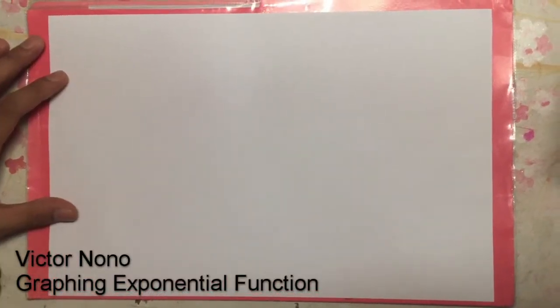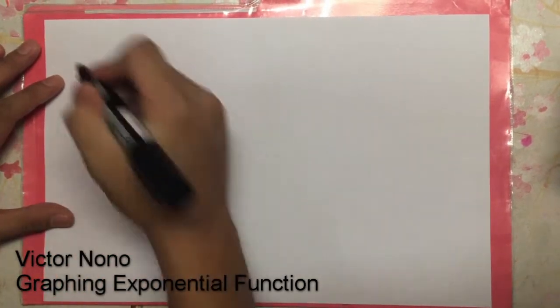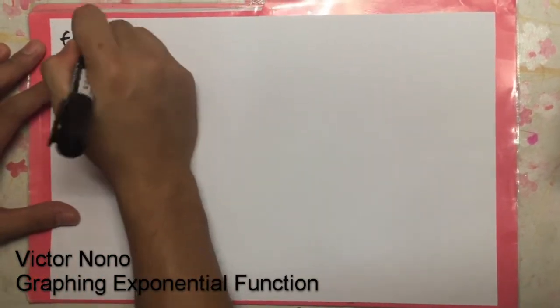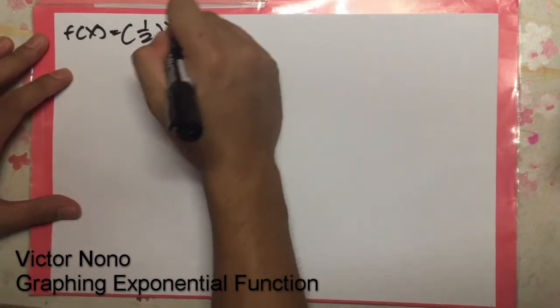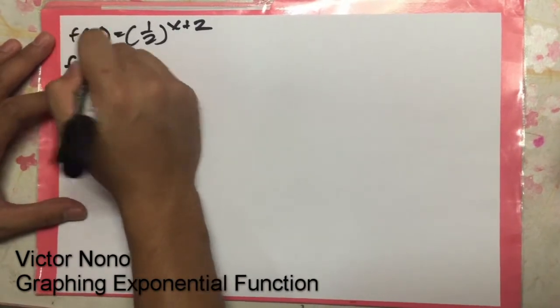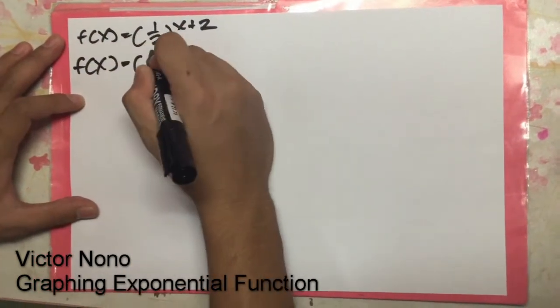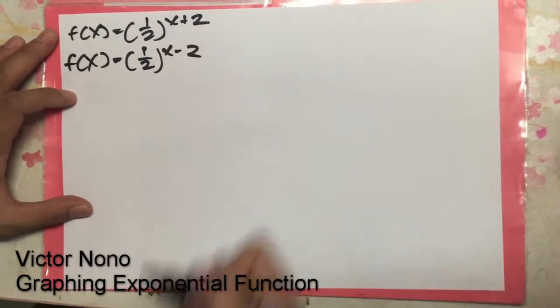So I'll be discussing graphing horizontal translation. So let's have a given first: f(x) = (1/2)^(x+2), and f(x) = (1/2)^(x-2).